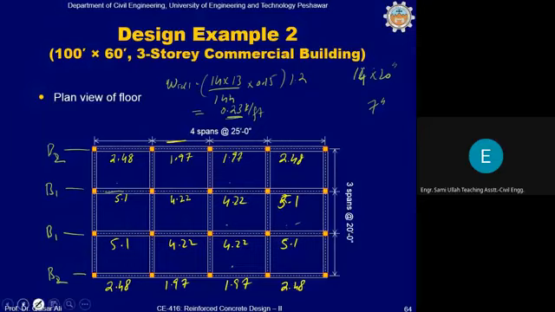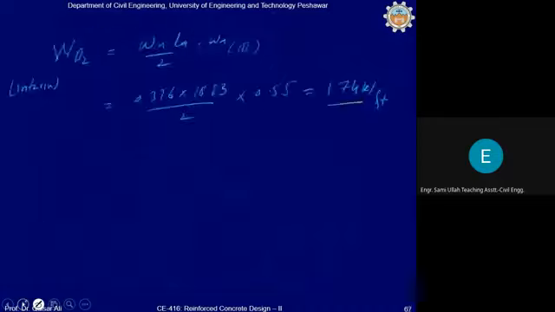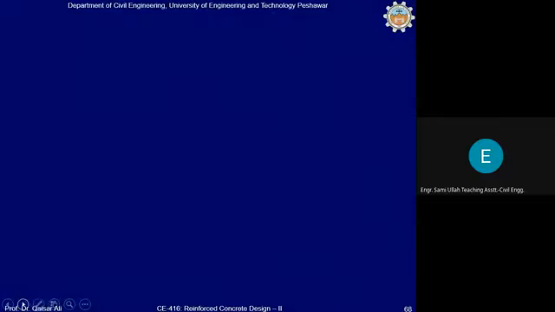इसको अगर हम ड्रा करें, इसकी सेक्शन ड्रा करें, तो this beam, for example, B1 will look like this.